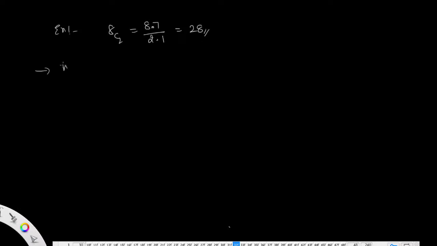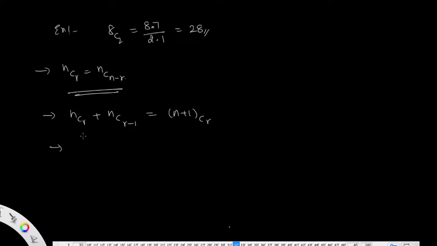Another formula is nCr equal to nC(n minus r); both values are the same. Next formula: yesterday we learned nCr plus nC(r minus 1) gives rise to (n plus 1)Cr.